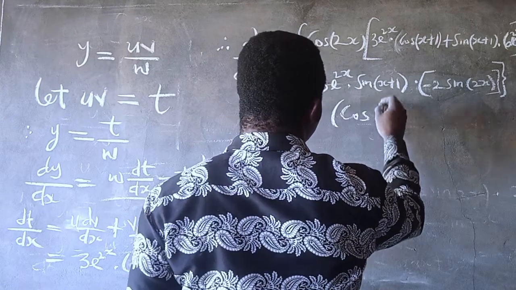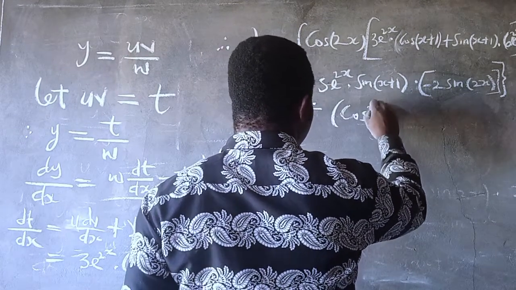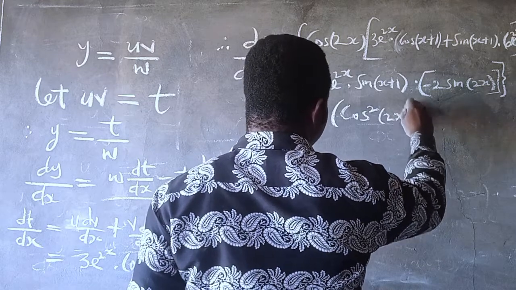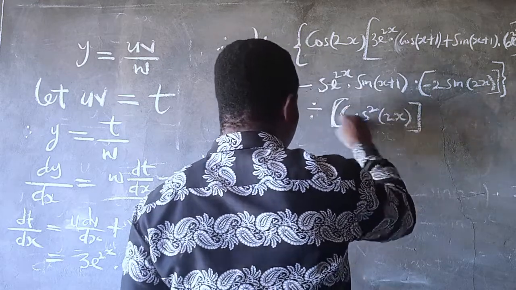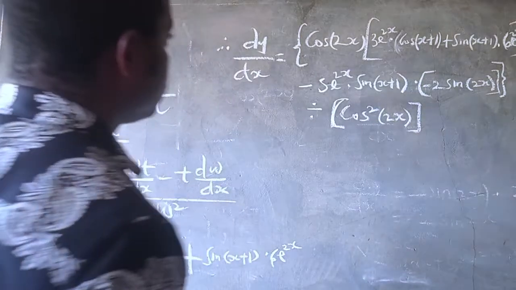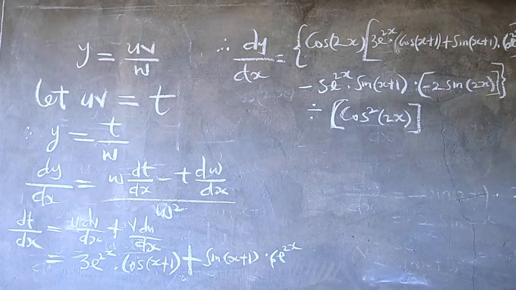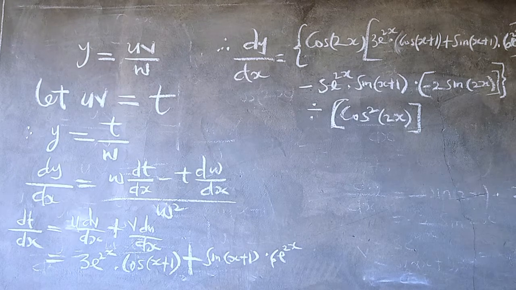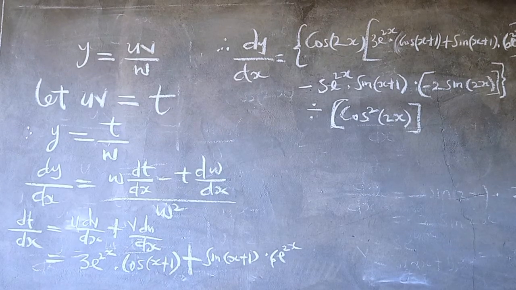That is cosine squared of 2x. You can go on striving to simplify that further, but this is the solution to this problem. Now you will notice that this result is not very conclusive.